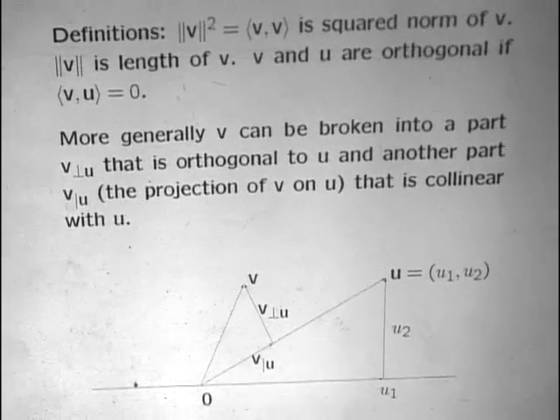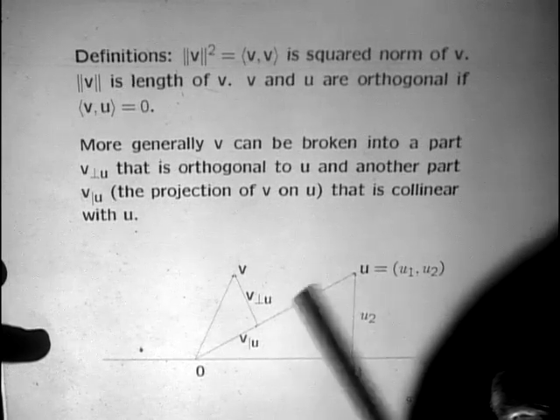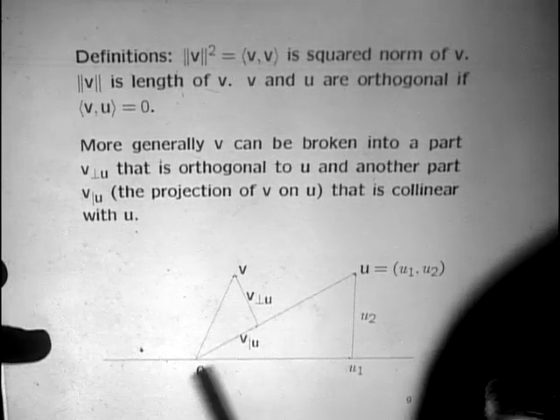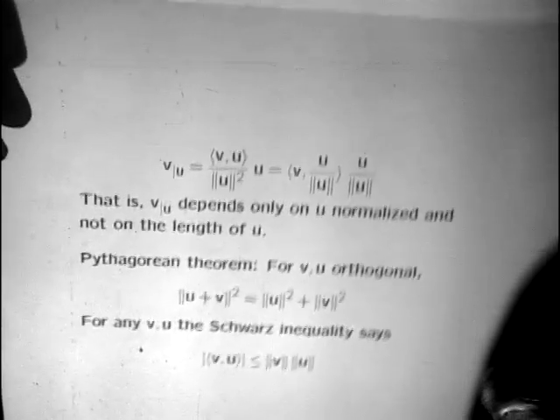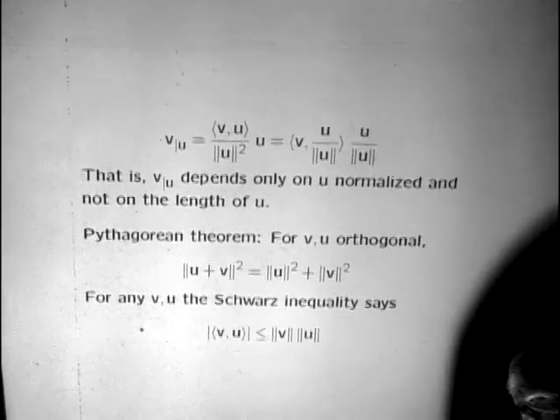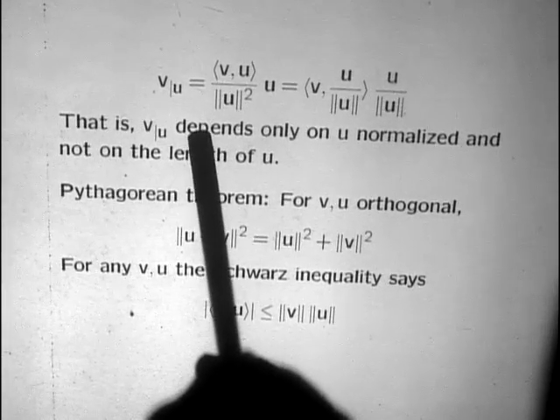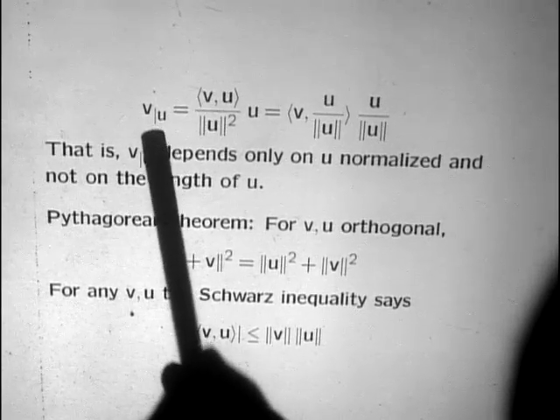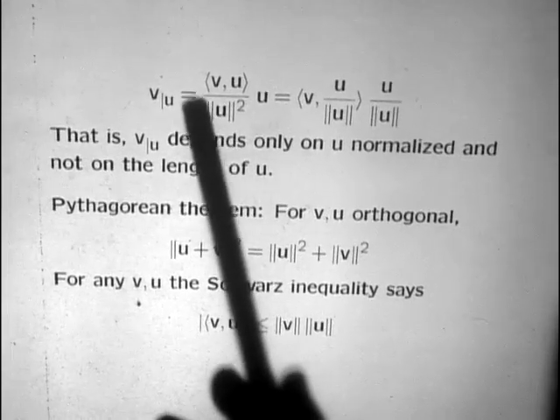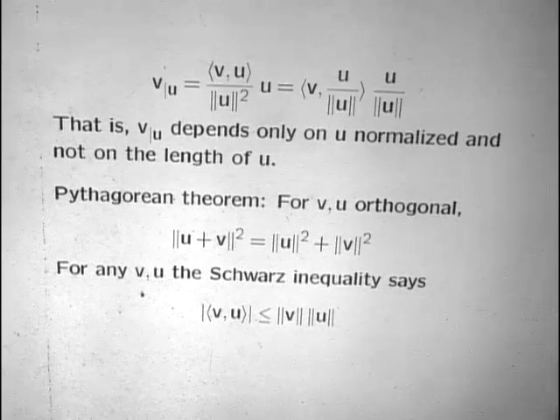But again, since we can't draw pictures for complex valued things, it's nice to be able to see it analytically. If I shorten U or lengthen U, this projection is still going to be exactly the same thing. And that's what the norm squared of U is doing here. The norm squared of U is simply sitting there so it does this normalization function for us. It makes this projection equal to the inner product of V with the normalized form of U times the normalized vector for U.